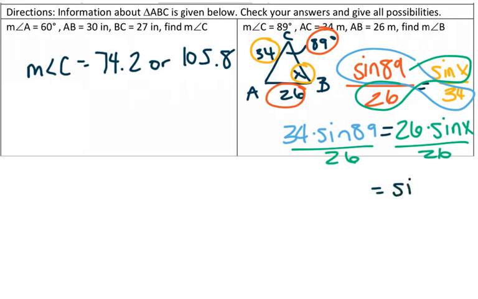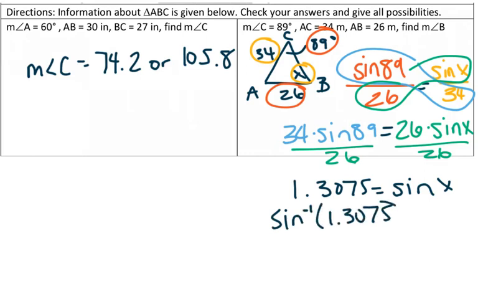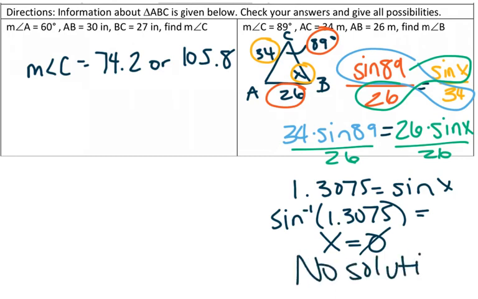So I have the sine of x equals, I'm going to round to at least 4 decimal places. Remember that in order to find an angle, that's when you do the inverse sine in your calculator. Alright, so I get the x, and I get an error message. So this one is a no solution.